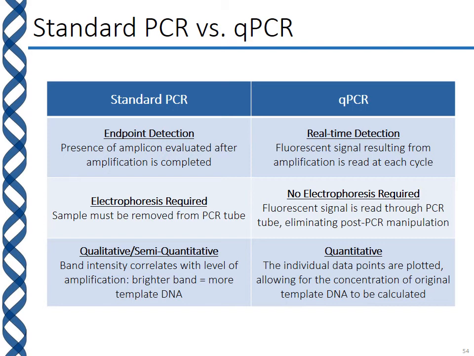That means that you could potentially contaminate some of your other PCR reactions and so on. Whereas with qPCR, there is no electrophoresis that's required. The fluorescence signal is actually read through the PCR tube, which means you don't need to open it, and so there's no post-PCR manipulation.